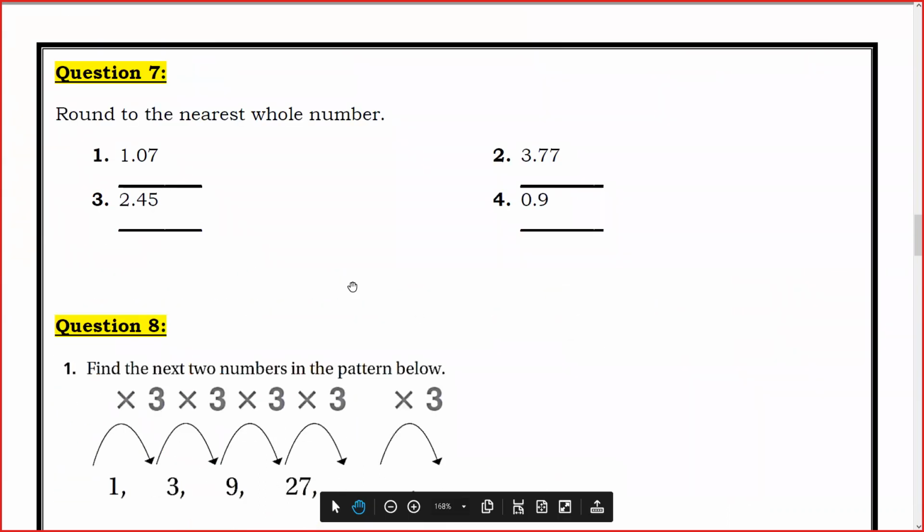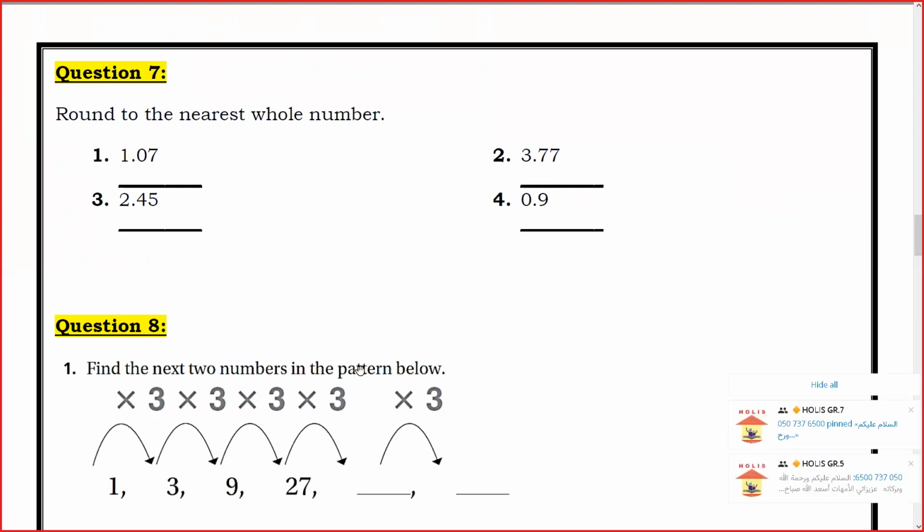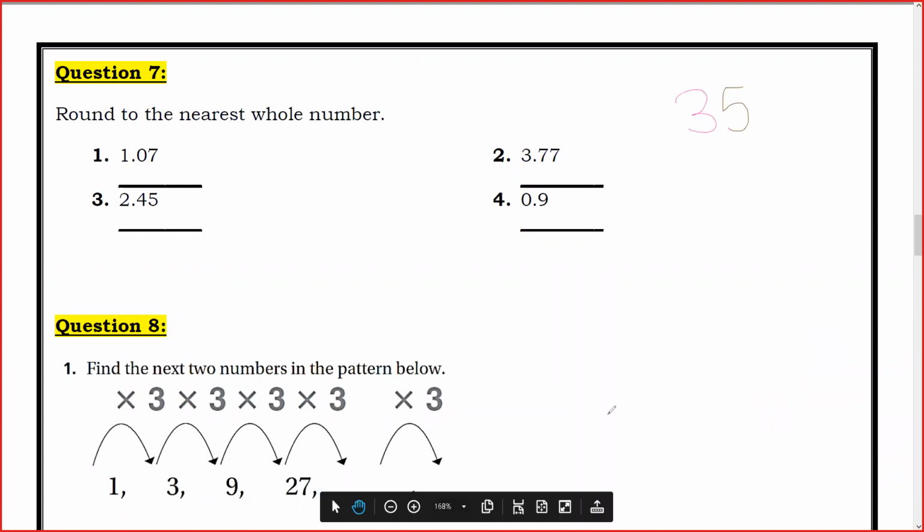Question number 7, here you need to round to the nearest whole number. Do you remember the rounding? Not today, I didn't remember it. Rounding means, like here I have a number like 358.